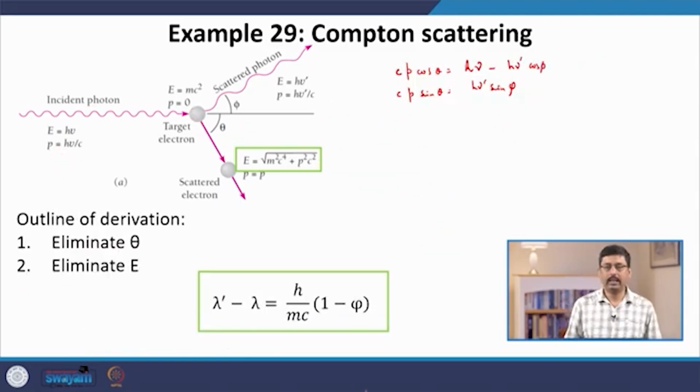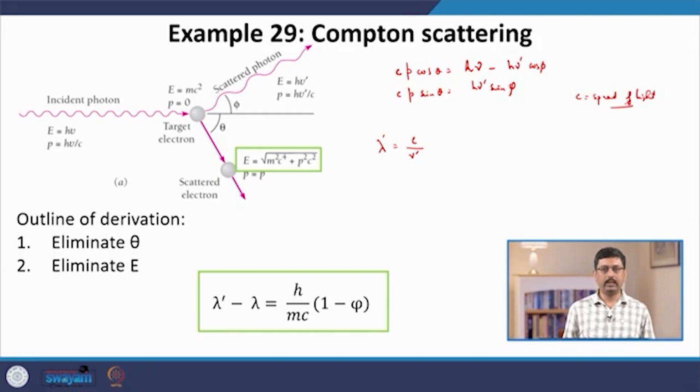Then finally, you arrive at an expression, shown here in terms of the wavelength instead of the frequency. The wavelength of the scattered photon is given by c by nu prime, where c is the speed of light. So, work through the algebra and show that the change in the wavelength of this X-ray due to the collision with the electron is given by this particular expression, which is known as the Compton formula.